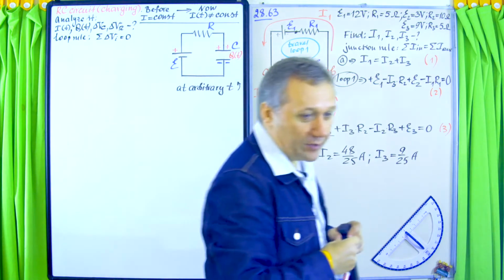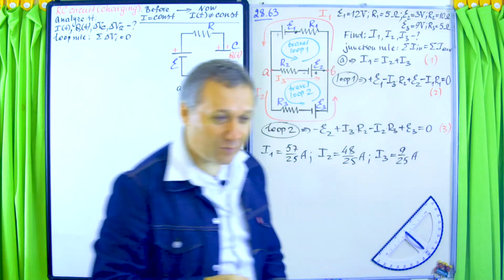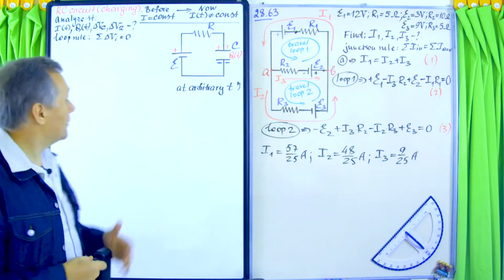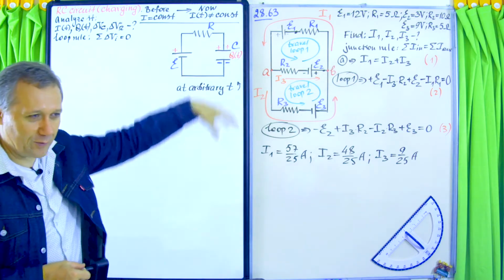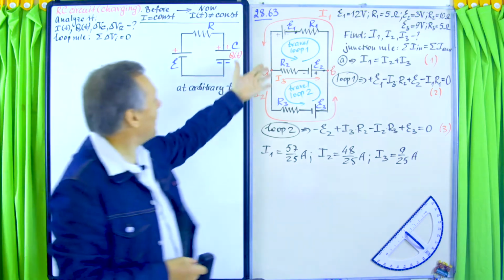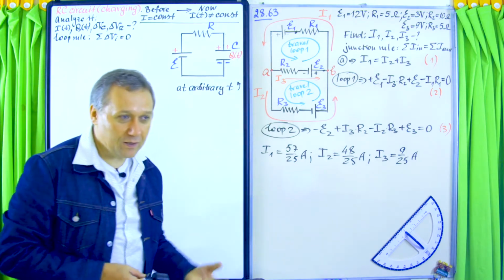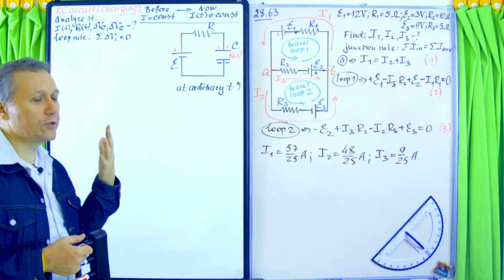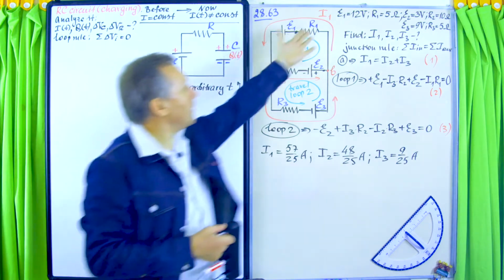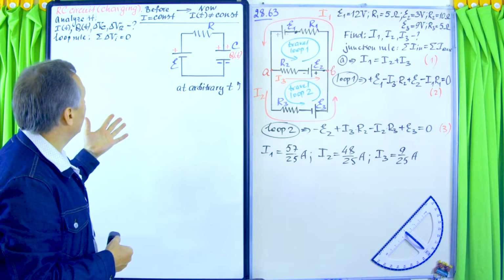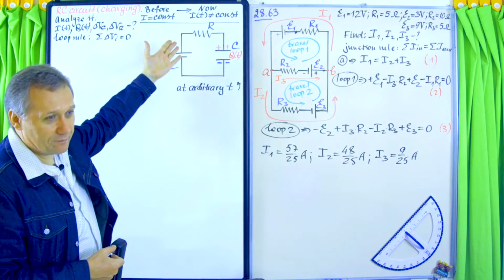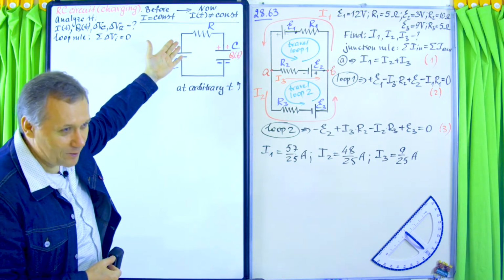And you remember the preliminary steps which we have to make in order to start applying the loop rule. No junction points, so the first one is out. The second one, I picked the direction of the current and introduced the currents. Right now, we have only one battery, so we don't have to guess the direction of the current.